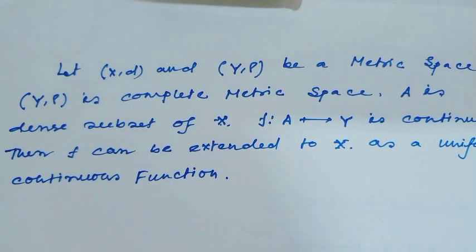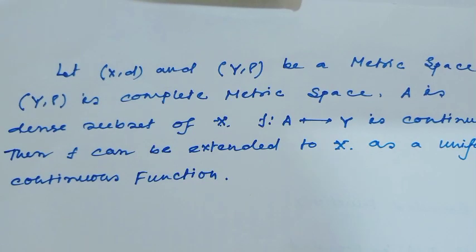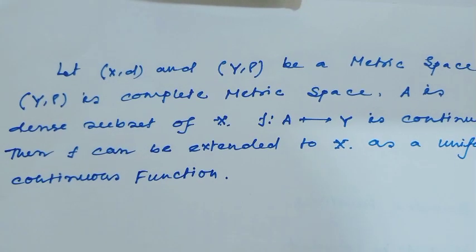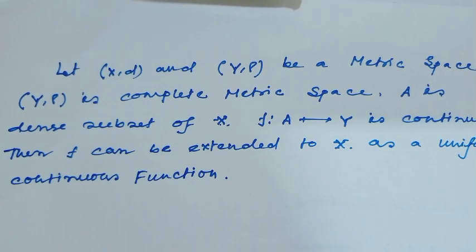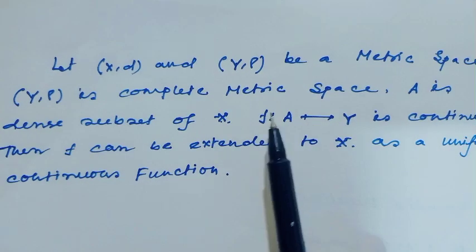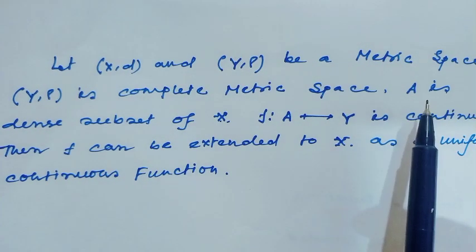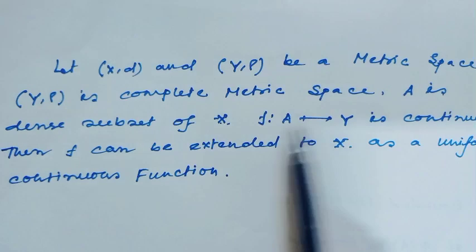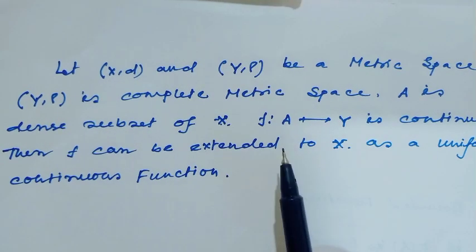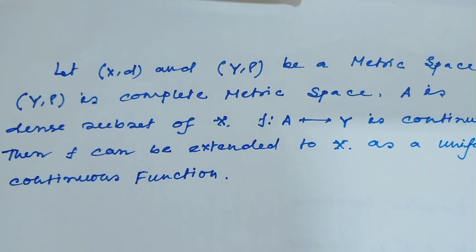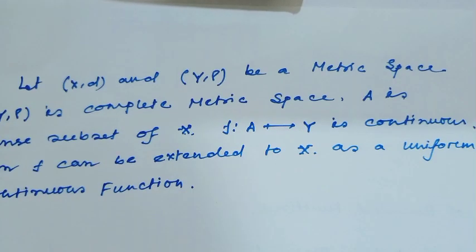Our next theorem is very important and very conceptual. The statement of the theorem is: let (X, d) be a metric space and (Y, rho) be a complete metric space, and the set A is a dense subset of the set X, and consider a mapping f from A to Y which is a continuous function.